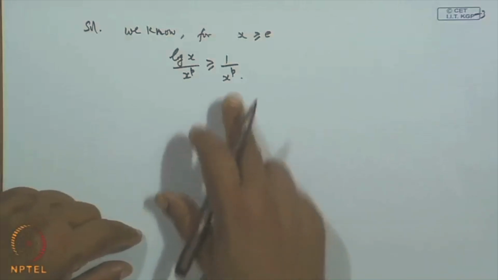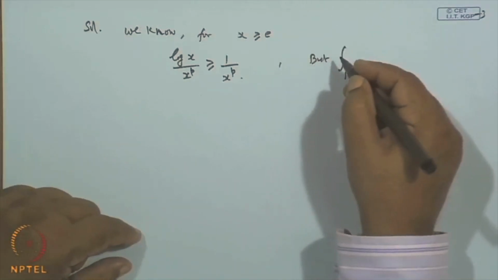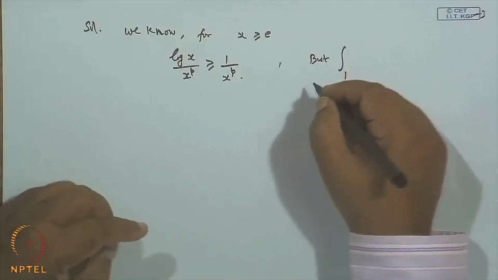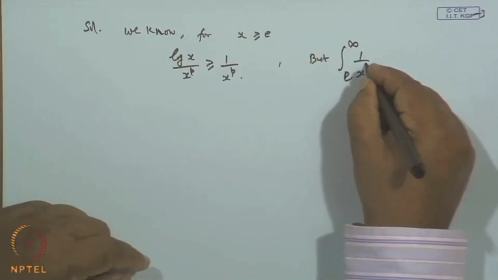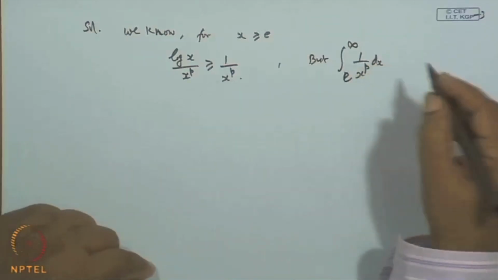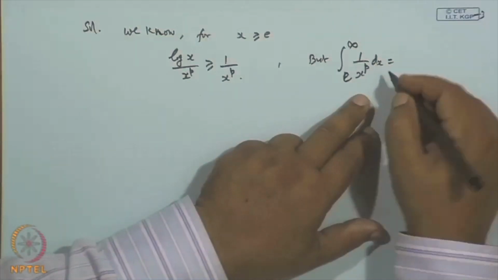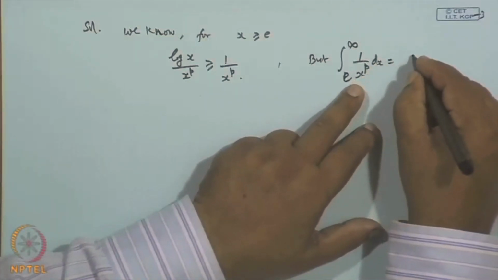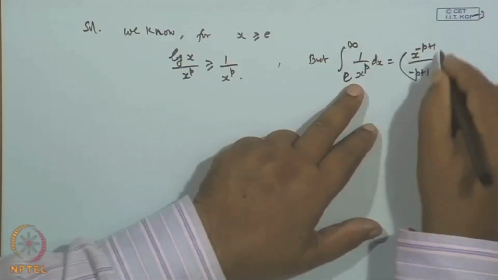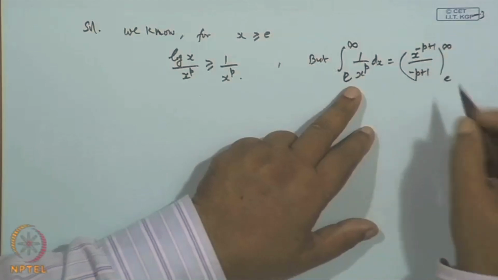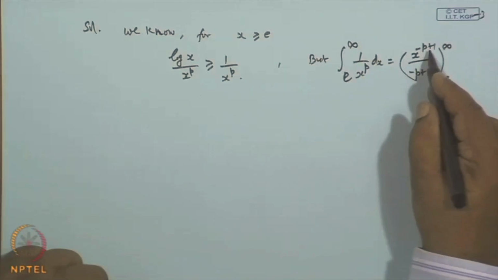But the integral from e to infinity of 1 upon x to the power p dx, p less than or equal to 1, is x to the power 1 minus p over 1 minus p, evaluated from e to infinity.